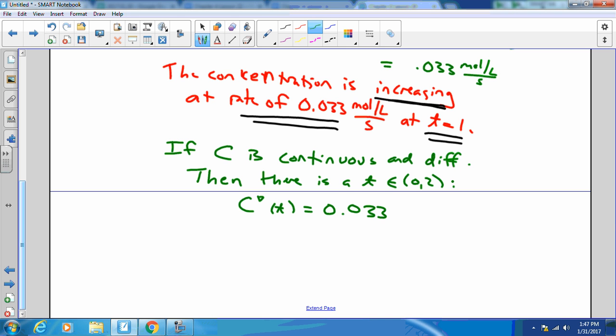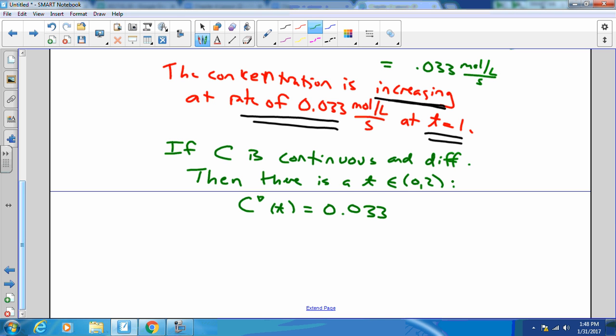Somewhere between 0 and 2, such that C prime of T is equal to that average rate of change, 0.033. So in other words, maybe C prime of 1 isn't exactly 0.033, but C prime of something close to 1 is.